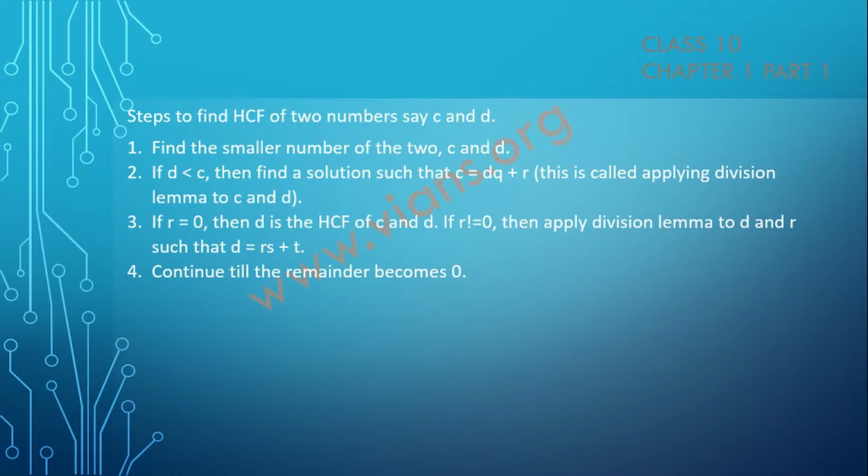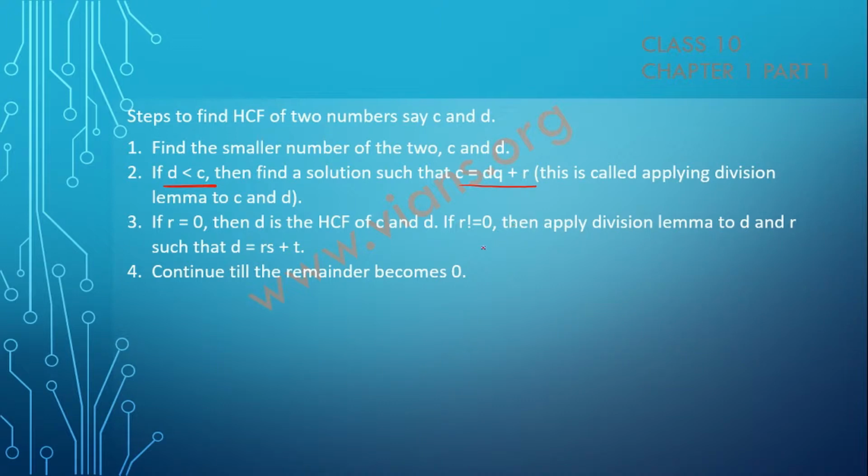So how would you find the HCF of 2 numbers, say C and D? You would have to find the smaller of the two, and if, for example, D is smaller than C, then you would write C in the form C = Dq + R, which is basically Euclid's lemma.